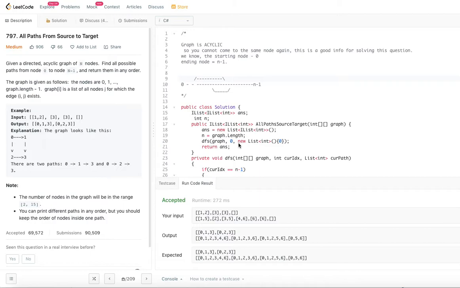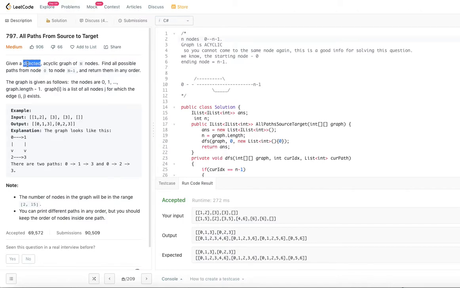So basically we are given a graph of n nodes. The nodes are labeled 0 to n minus 1. And we are given one more piece of information: directed.